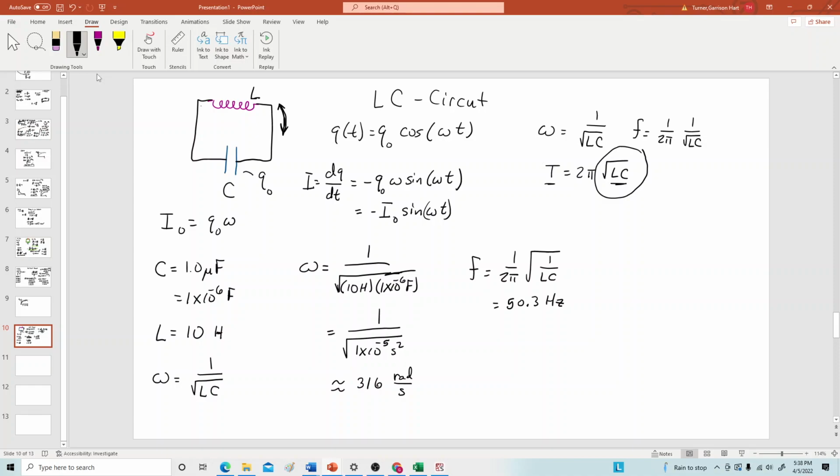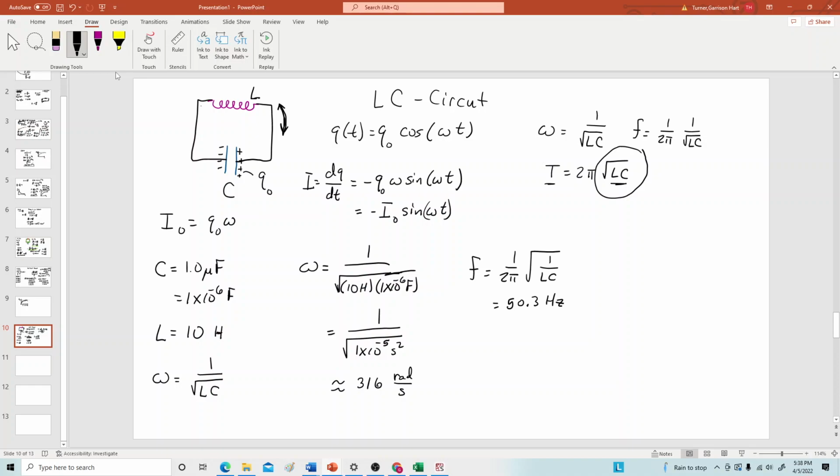What this means is the plates are going to go from charged in one configuration to being charged in the opposite configuration and back again 50 times a second.